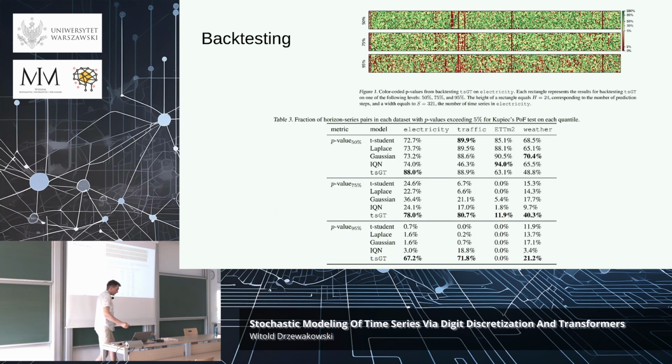Okay, so what's the conclusion? The conclusion is that most of those stochastic properties we model better. Our performance decreases with the level of the quantile, so it makes sense that it's harder to model higher and higher quantiles.